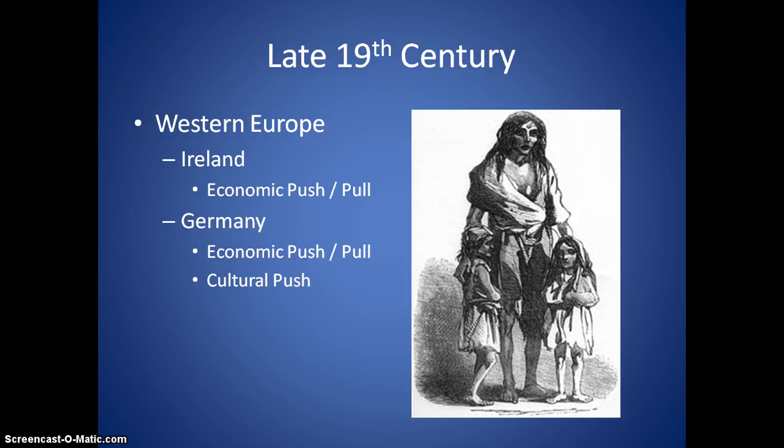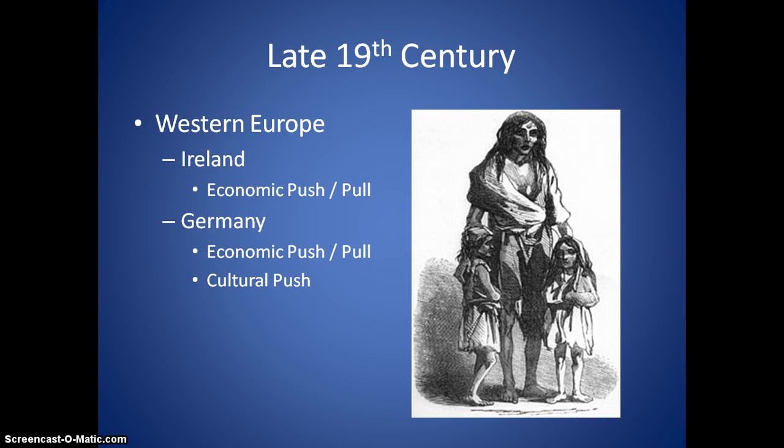In Western Europe, the primary countries to look at are Ireland, and you could look at both an economic push and pull factor. The economic push factor, you could look at the Irish potato famine that took place in that country, leaving a lot of Irish not only hungry but also destitute, couldn't afford to pay their land rent to the landowner, typically the British landowner, because most of them were tenant farmers, and so a lot of them went.